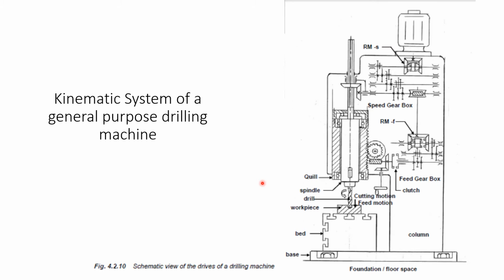Now, the kinematic system in any machine tool is comprised of chains of several mechanisms to enable transforming and transmitting motions from the power sources to the cutting tool and the workpiece for the desired machining action.